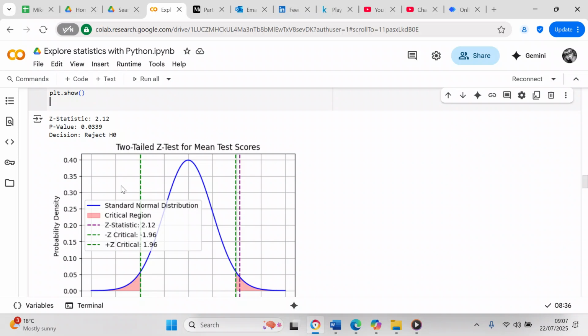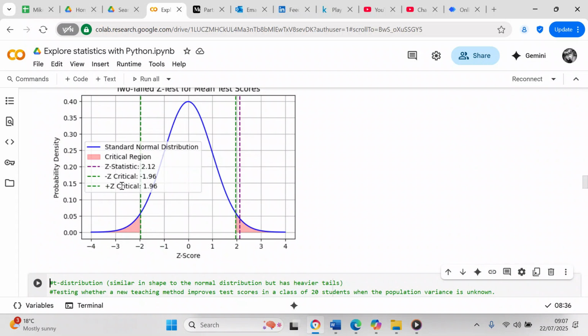So you can see on the two-tailed z-test for mean test scores that the blue line is your normal curve that you have created. The pink line is the critical region.